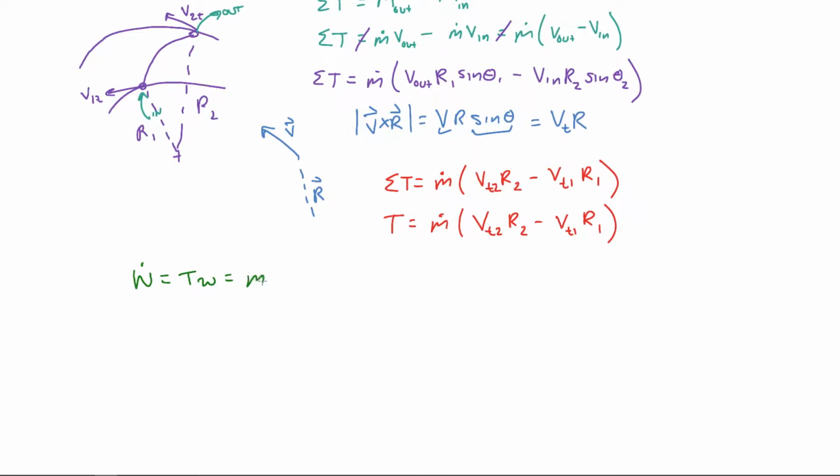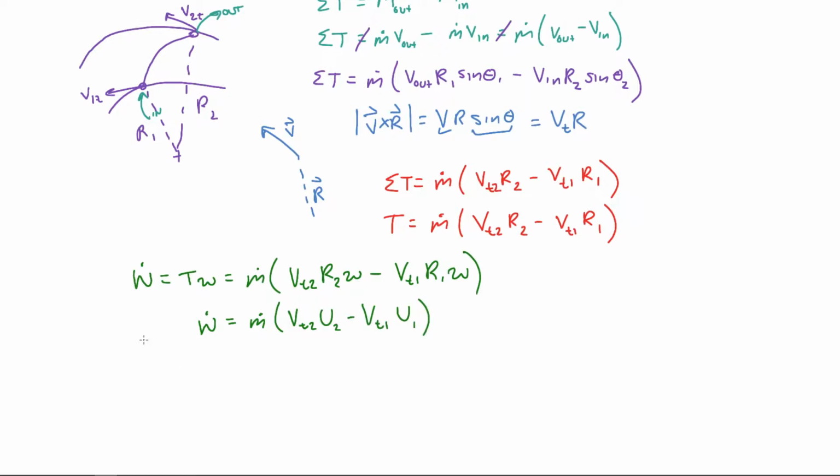So this is m dot times VT2 times R2 omega minus VT1 R1 omega. And you may recognize that R2 times omega is simply the linear velocity of the pump at the inlet or outlet. So we could further simplify this to m dot VT2 U2 minus VT1 U1.